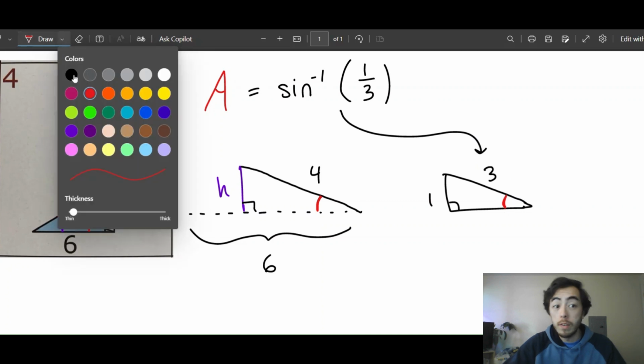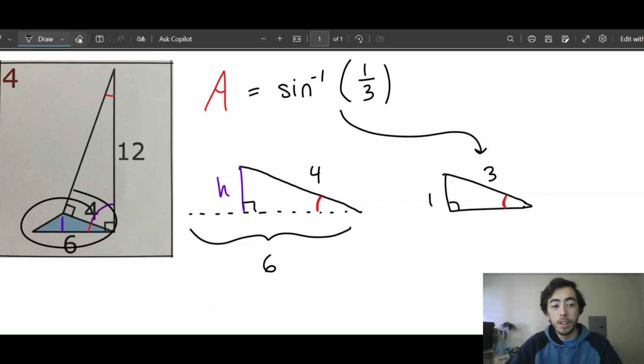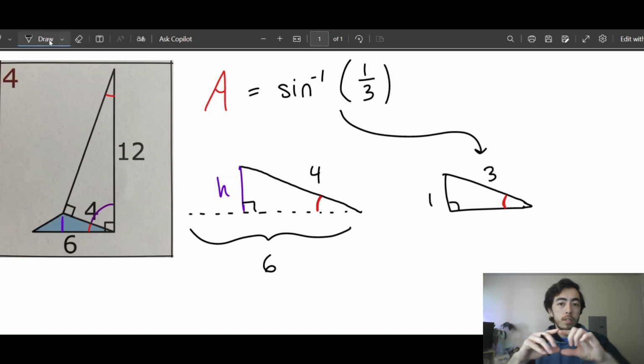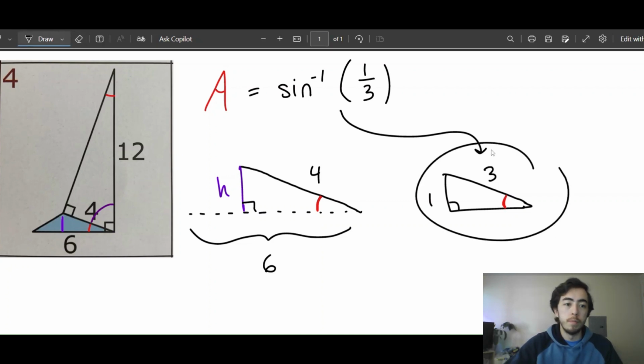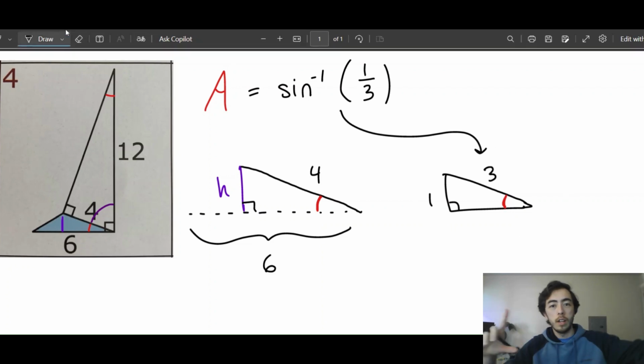However, my hypotenuse is a 4 in this blue triangle down here, not a 3, but I could scale up this triangle using some scale factor. You can scale triangles up and down and you're going to maintain the angle measurements. Even though you are changing the sides, the angles stay the same.